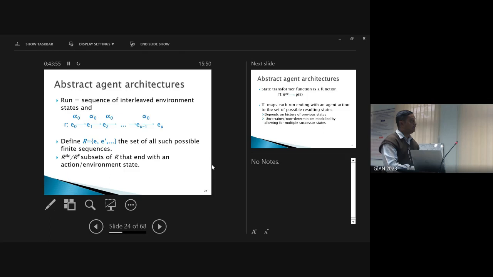In E2, it again performs alpha 2, and it reaches another state. These are alpha 0, alpha 1, alpha 2; the earlier labeling was a typing mistake. So this is called a run. A run is a sequence of interlinked environments and states, and the change of state is based on the action performed.